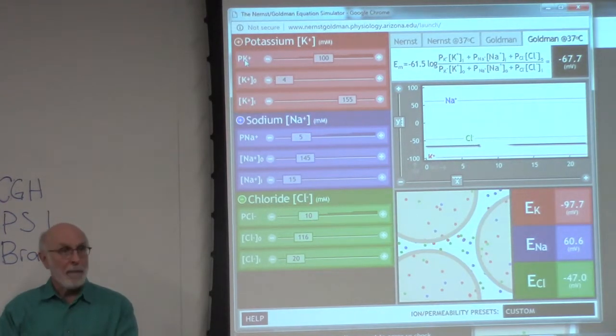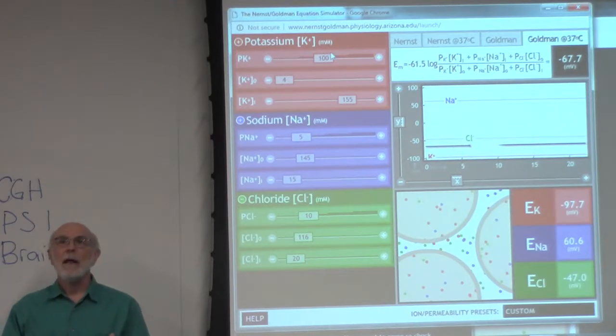pK, this is the permeability to potassium. This is the permeability to sodium. This is the permeability to chloride. This is the number of potassium channels, sodium channels, chloride channels. The absolute value of these numbers doesn't matter.